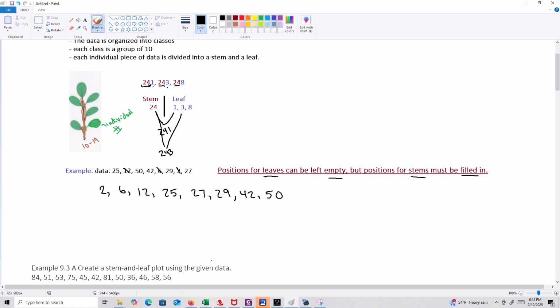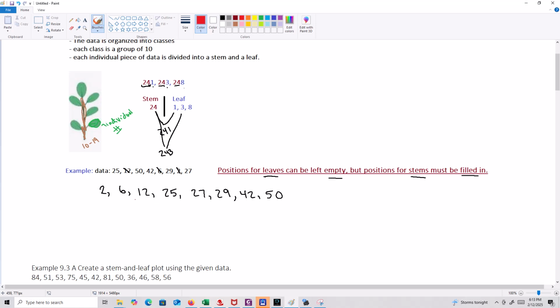All right, so we ranked our data. Now we want to separate the data by class. What that means is I'm looking for what the tens digit is, and when the tens digit changes, then I am going to change my class.